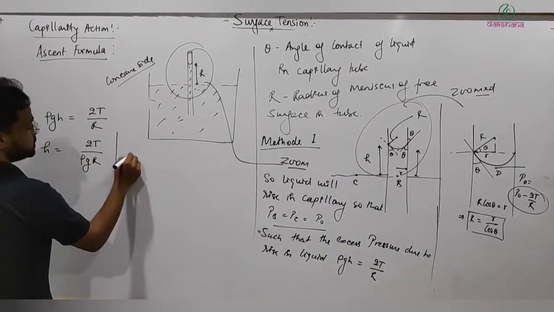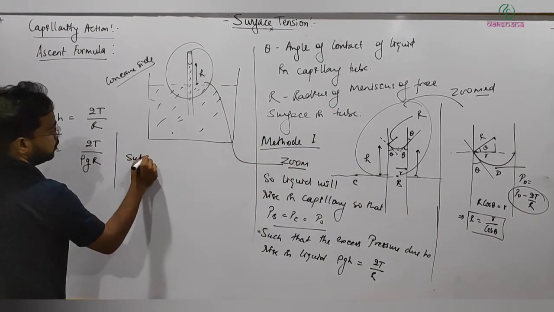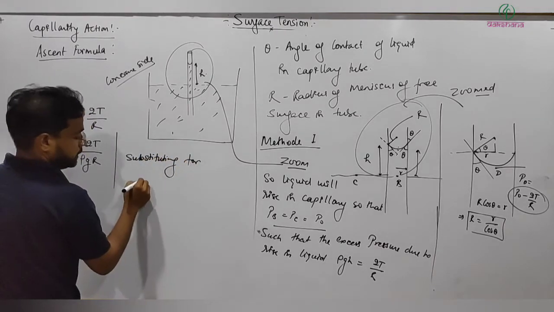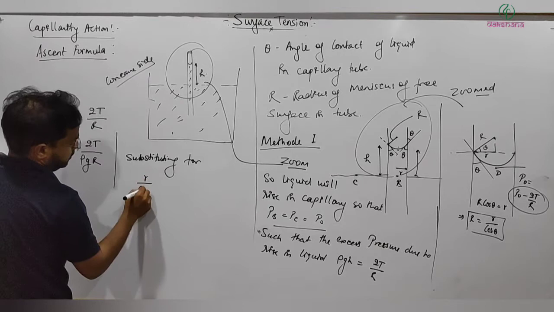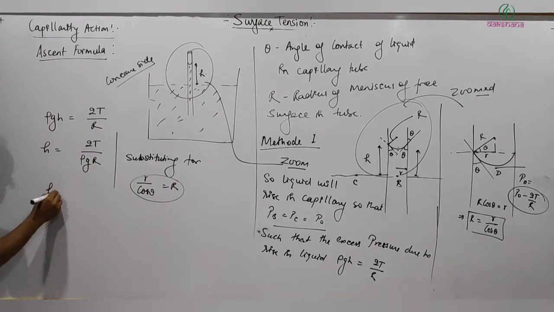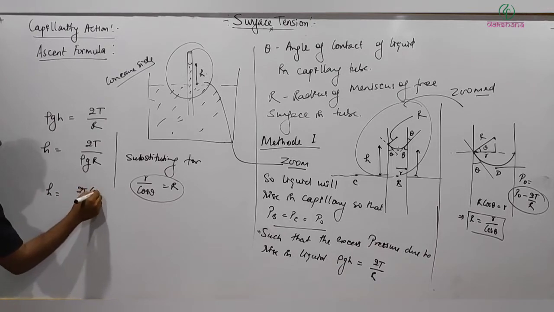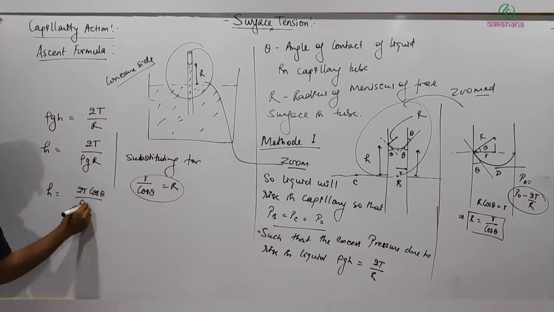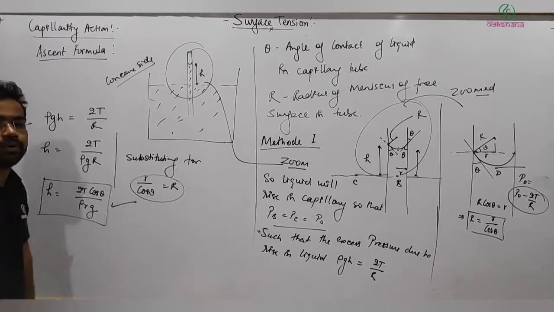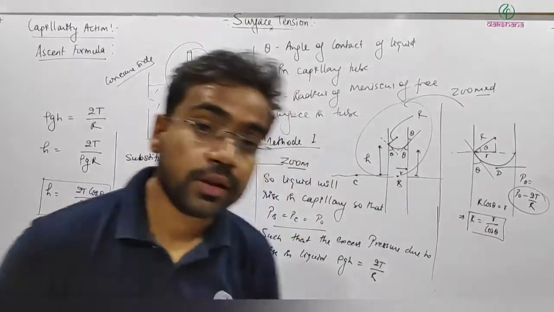So substituting small r by cos theta for capital R, this h comes out to be 2T cos theta divided by rho r g. This is the formula for height.